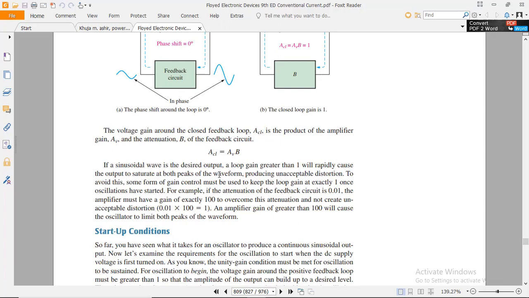If the sinusoidal waveform is the desired output, a loop gain greater than 1 will rapidly cause the output to saturate at both peaks of the waveform, producing unacceptable distortion. To avoid this, some form of gain control must be used to keep the loop gain exactly 1. If the gain and attenuation are equal, we get the unity feedback by this phenomenon.